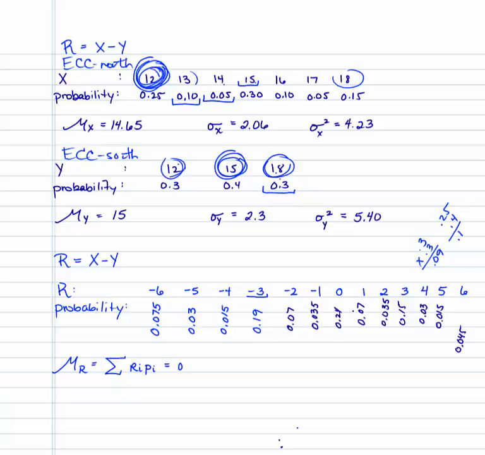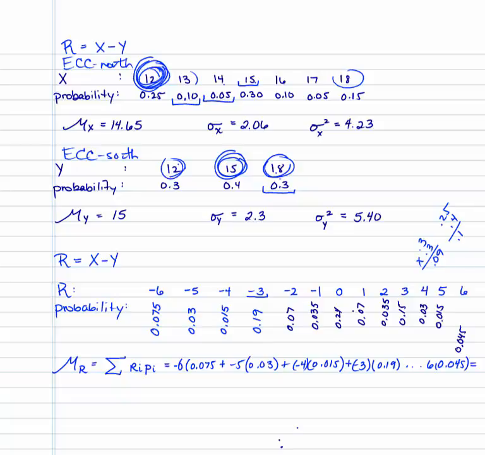So it should be negative 6 times 0.075 plus negative 5 times 0.03 plus negative 4 times 0.015, negative 3 times 0.19, all the way down to 6 times 0.045. Any ideas?